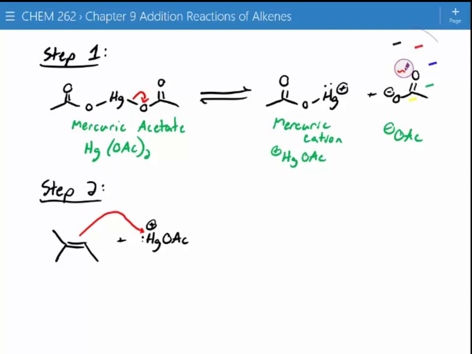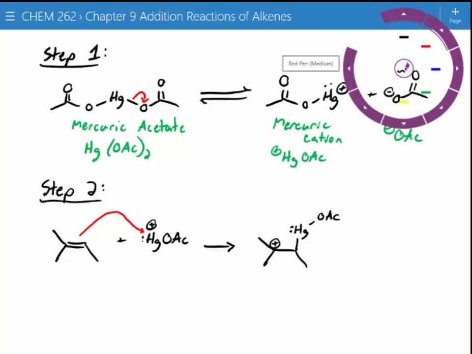And when we do this, we see something similar to what we saw in the problem of the day, where we can have the mercury, HgOAc, and have our positive charge over here. But we know that this mercury has lone pairs on it.